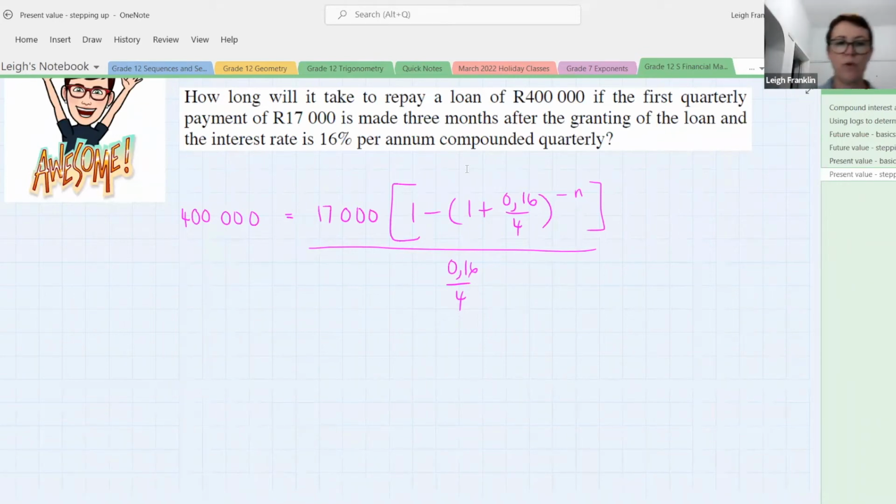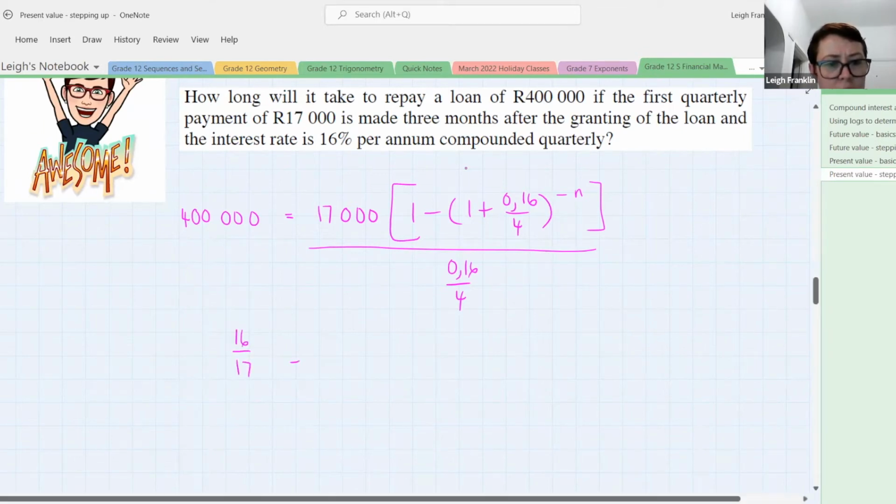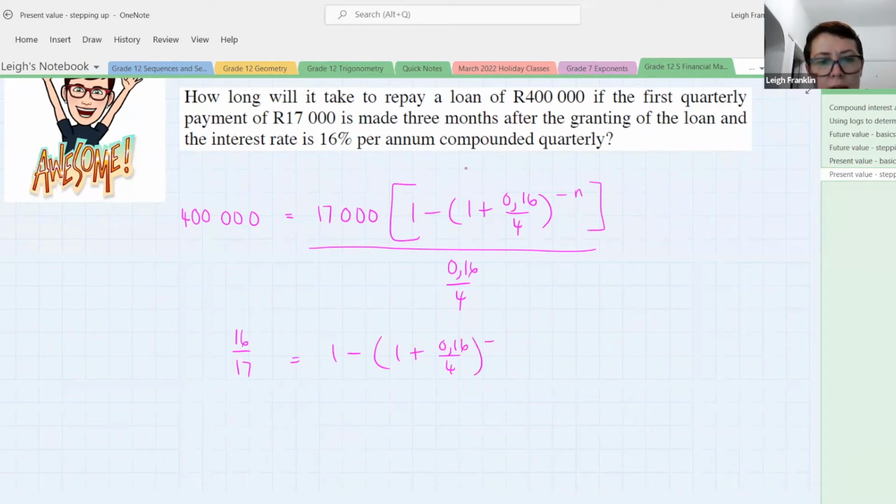So I'm saying 400,000 times 0.16 over 4, divided by 17,000, is what? So 16 over 17, and it's easier to just leave it like that than write out all those decimal places. So we've got 16 over 17 equals 1 minus (1 plus 0.16 over 4) to the negative n.